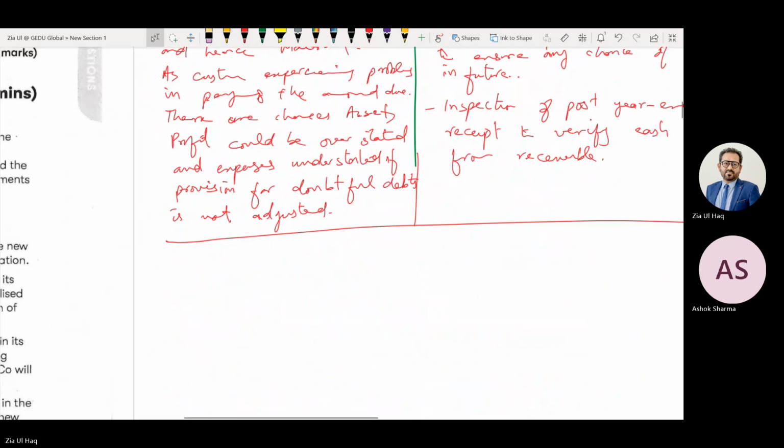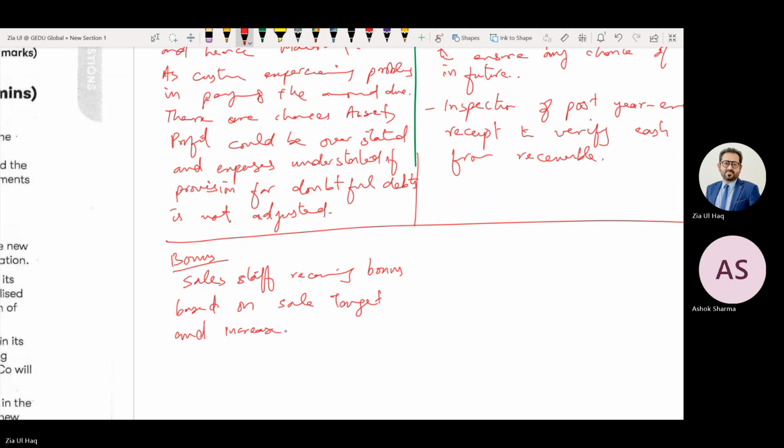The main issue is the bonus: sales staff receiving a bonus based on sales target, and the increase in sales of 5% is material.